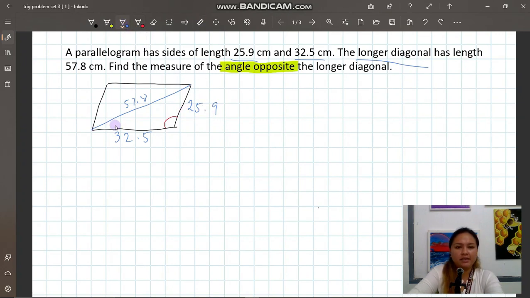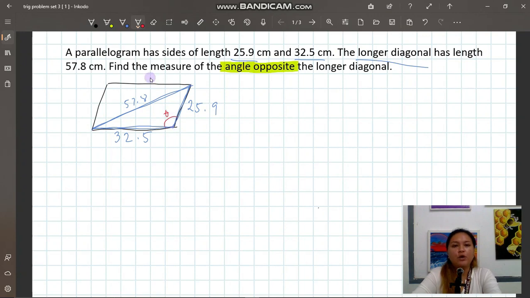If you focus on this, we have a triangle illustrated. So we need to find the measure of this angle. Let's use the symbol theta for our unknown angle.